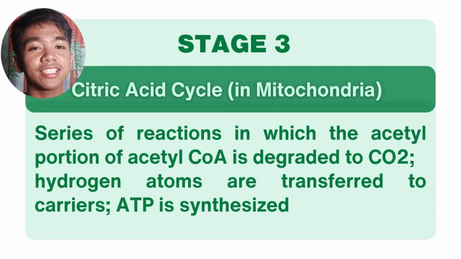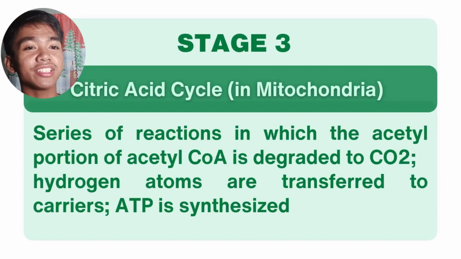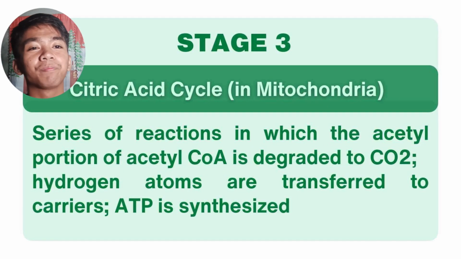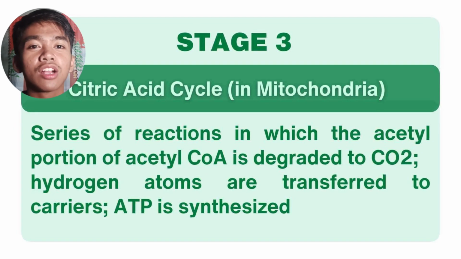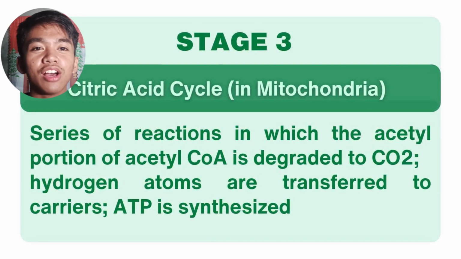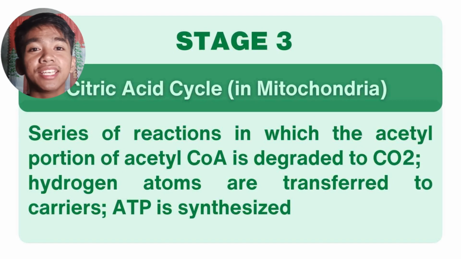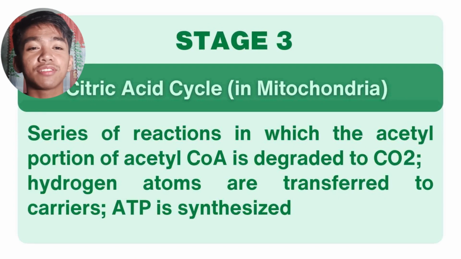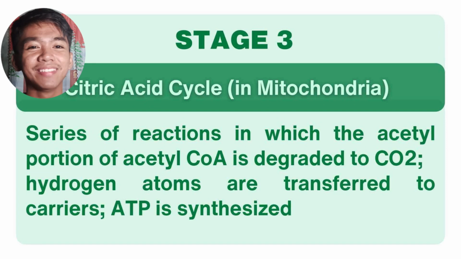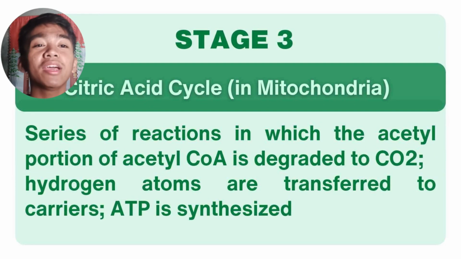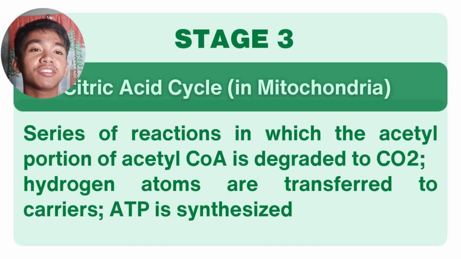The cycle generates high energy molecules, including NADH and FADH2, which carry electrons to the electron transport chain, contributing to the production of adenosine triphosphate, or ATP. Not only does the citric acid cycle serve as a crucial energy producing mechanism, but it also plays a pivotal role in recycling molecules for further cellular respiration.